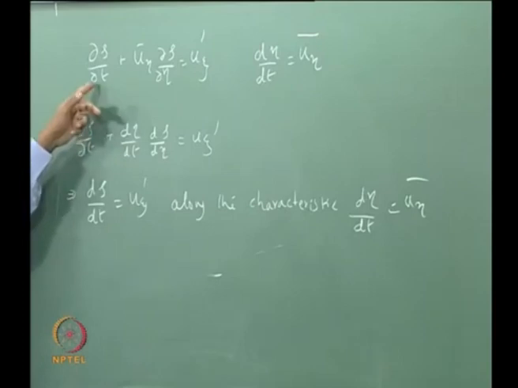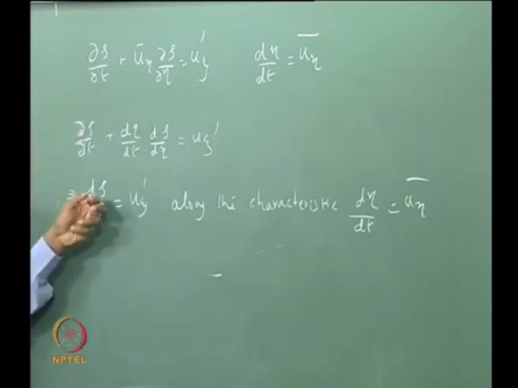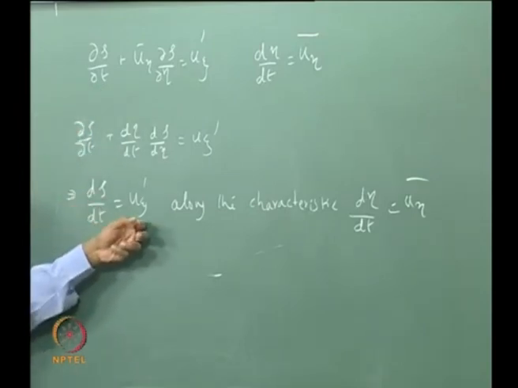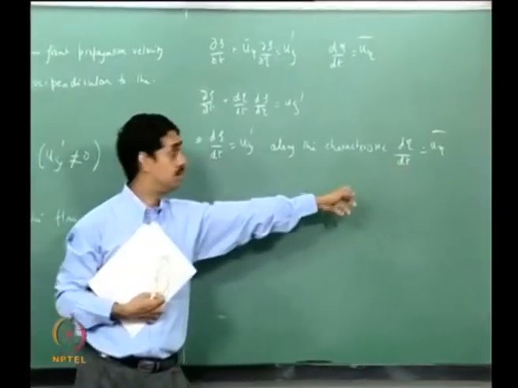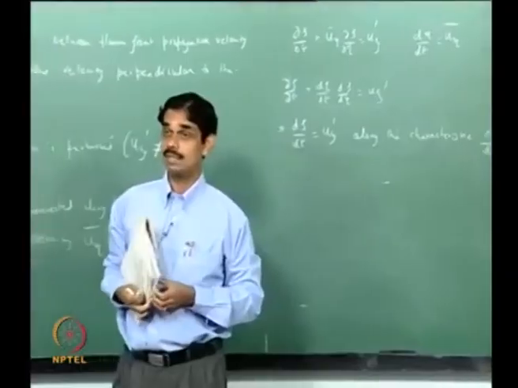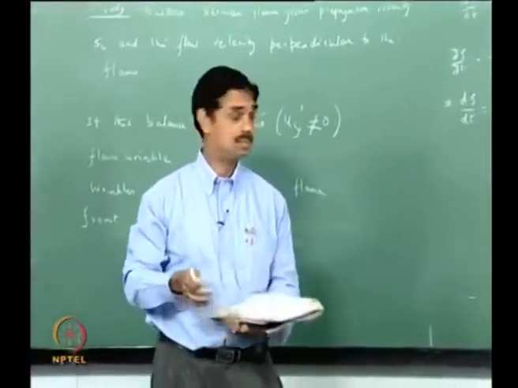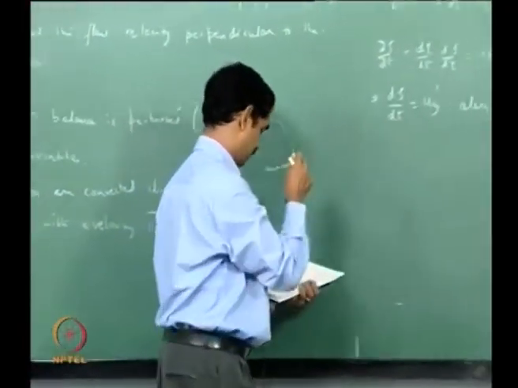Then you can rewrite this as d psi by dt equal to u psi prime along this characteristic direction, okay, not in any other direction but along this direction. So along this direction you can integrate it because this is a full derivative.